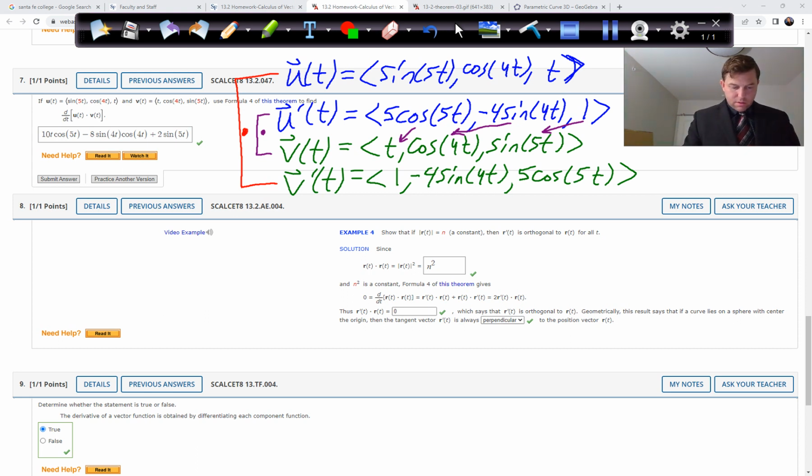So, u prime of t dotted with v of t is going to equal 5 cosine 5t times t, which is going to be 5t cosine 5t.